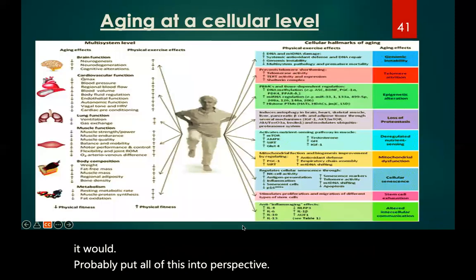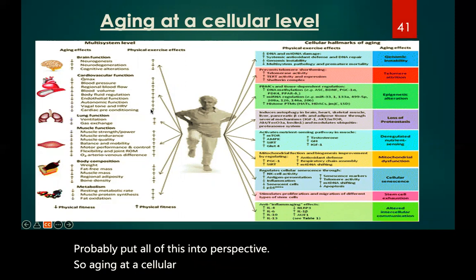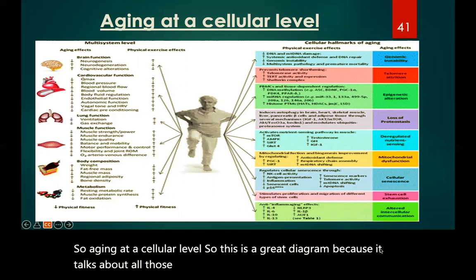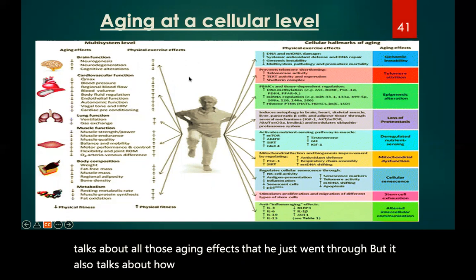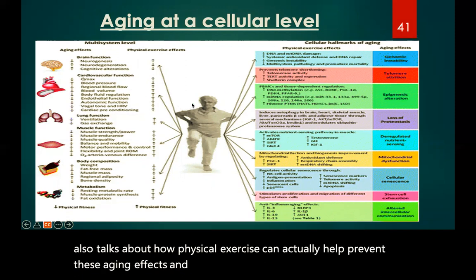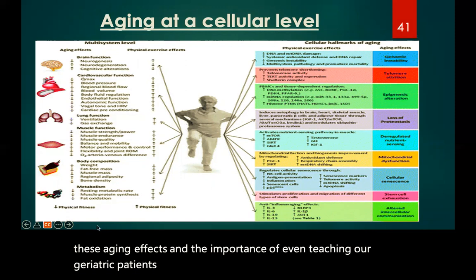Okay, so aging at a cellular level. This is a great diagram because it talks about all those aging effects that he just went through, but it also talks about how physical exercise can help prevent these aging effects, and the importance of even teaching our geriatric patients what exercise can do, whether it's a simple walk or chair yoga.